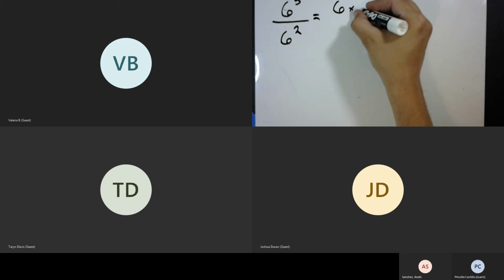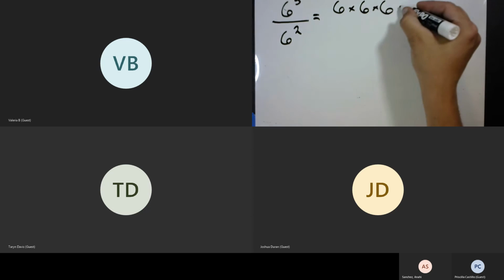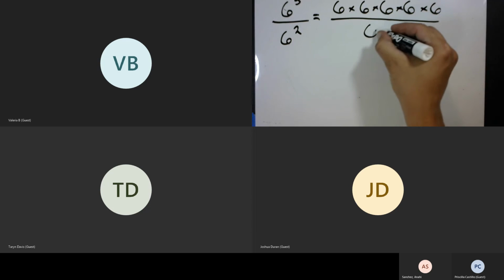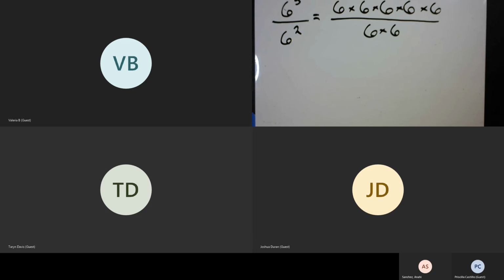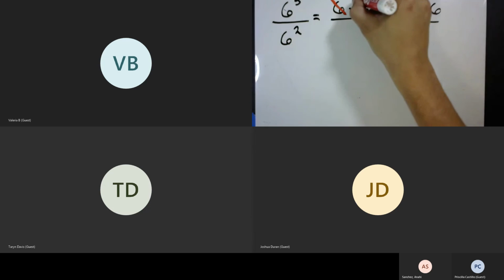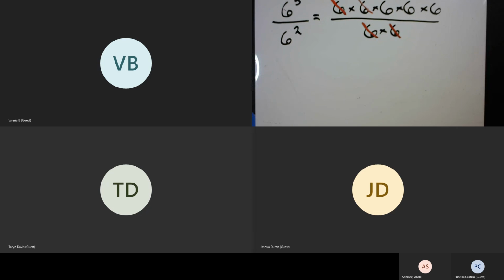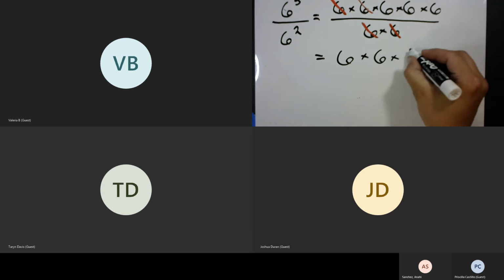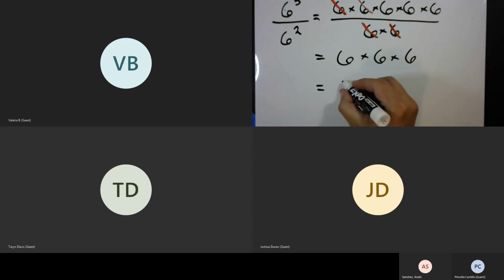Well, this is 6 times 6 times 6 times 6 times 6 over 6 times 6. Now, we have some cancellation going on. So we can cancel a pair of 6s here. We can cancel a pair of 6s there. So what we're left with is 6 times 6 times 6, or 6 cubed.